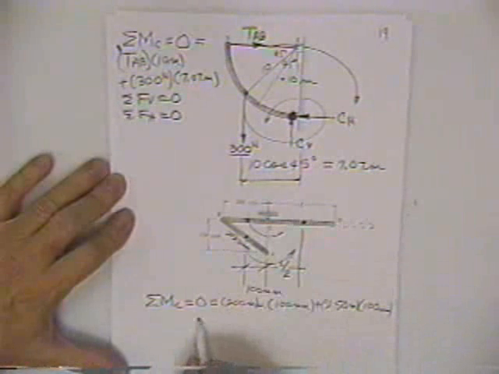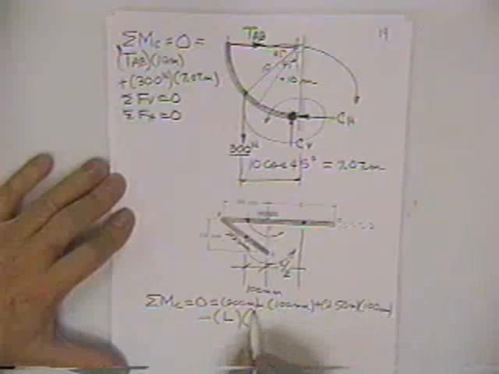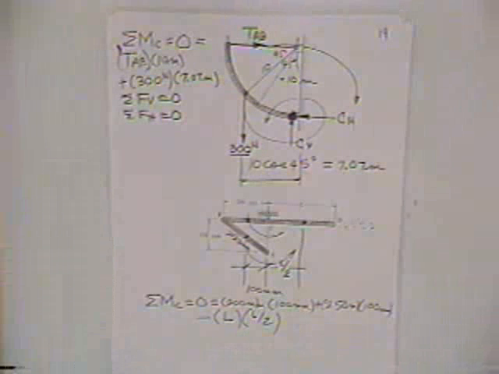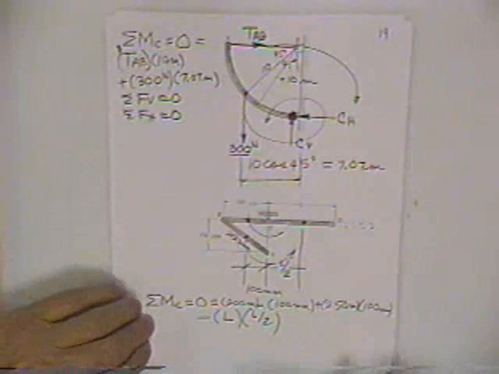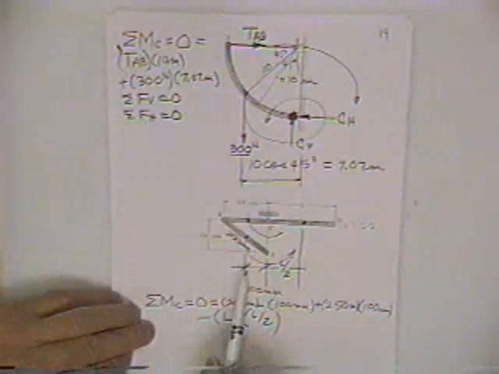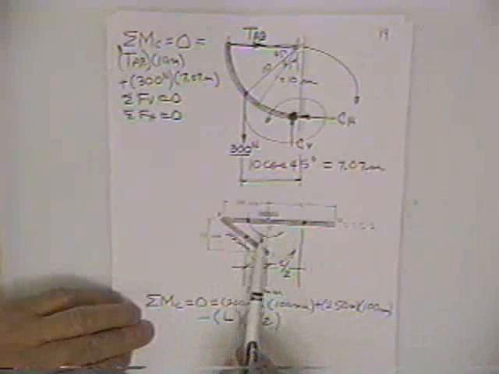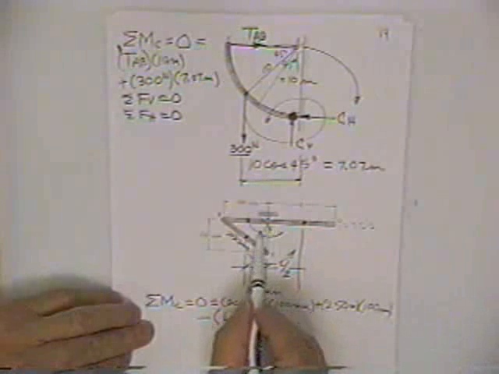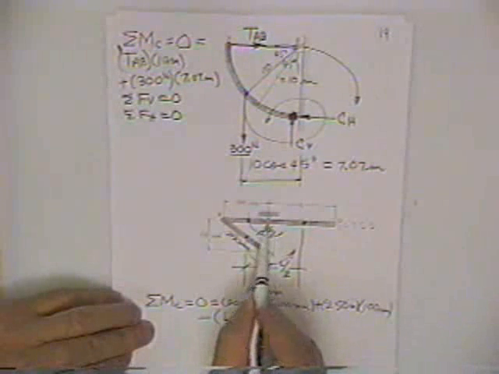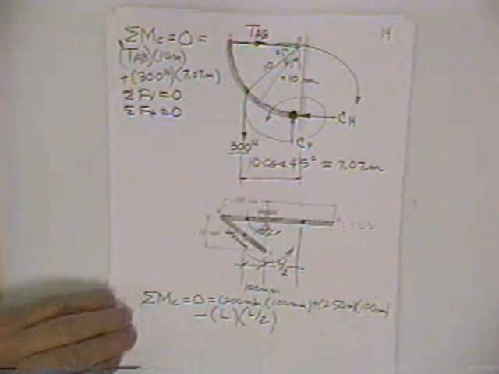This one balances it in the minus direction. Minus L multiplied times his moment arm, L over 2. And you solve for how long the bar needs to be to make the whole thing hang horizontally as shown at C. Now that's really finding the centroid of a piece of wire. In other words, if somebody wanted to know where you could balance this piece of wire on a knife edge, in other words, where is its centroid, that's how you could do it right there.